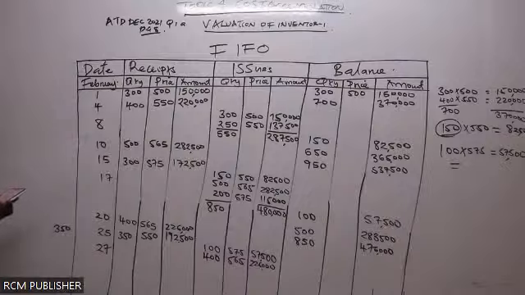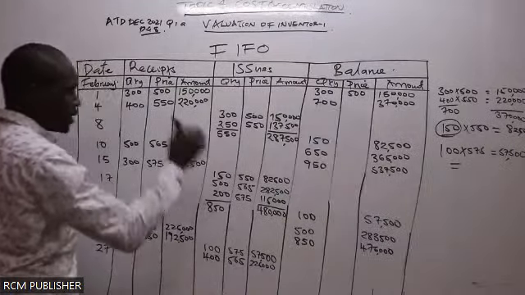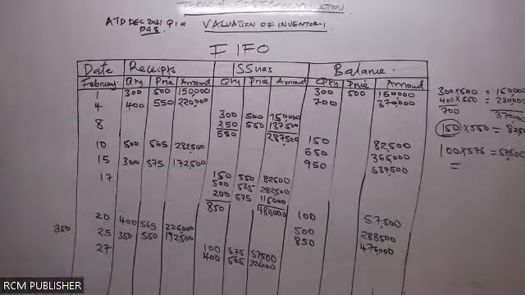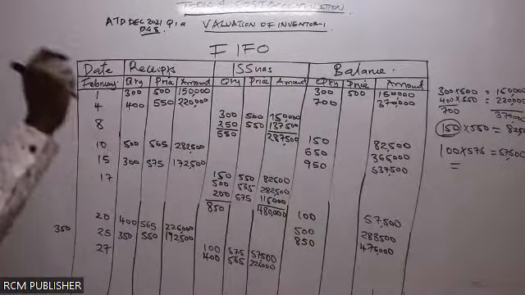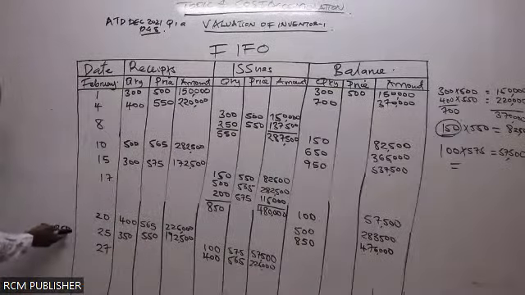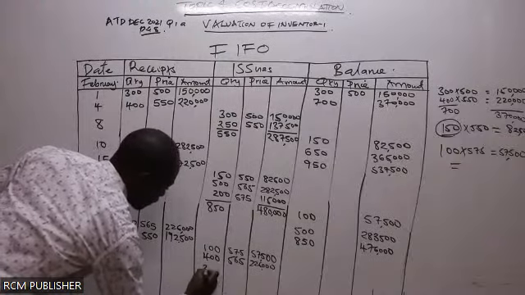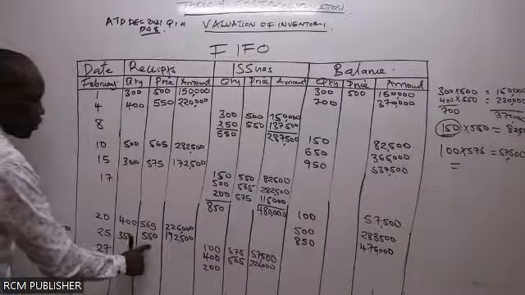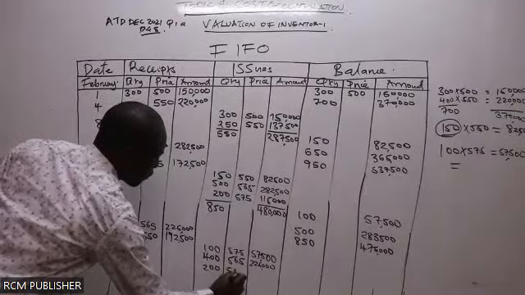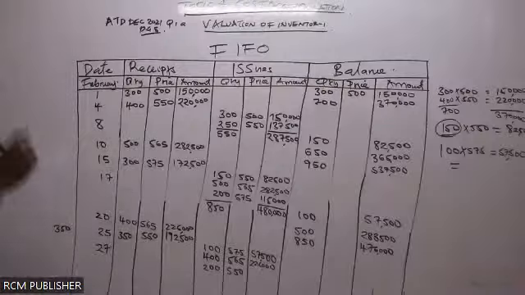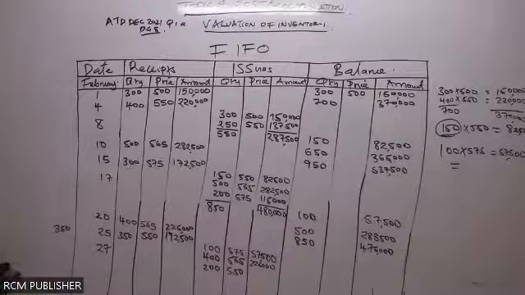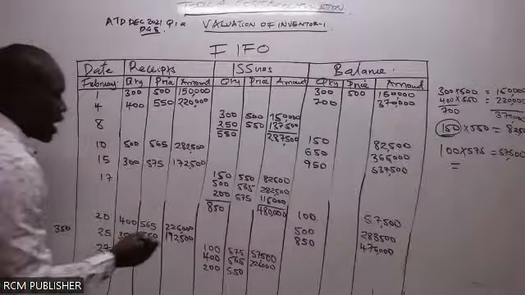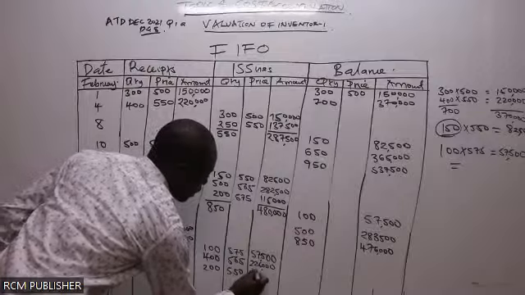If we add these two, we are getting 500. Remember what's supposed to be issued is 700, so we are still lacking 200. Can these units here give us the 200? Yes. So that 200 will be taken from that stock at the price at which it was brought in, 550. 200 by 550 is 110,000.